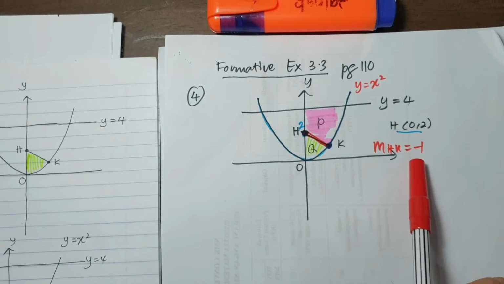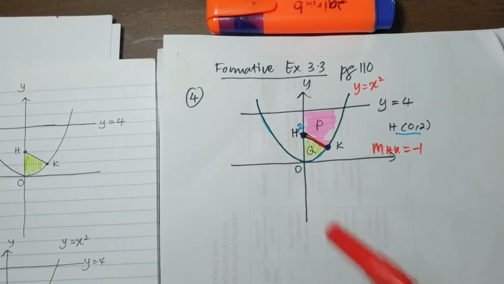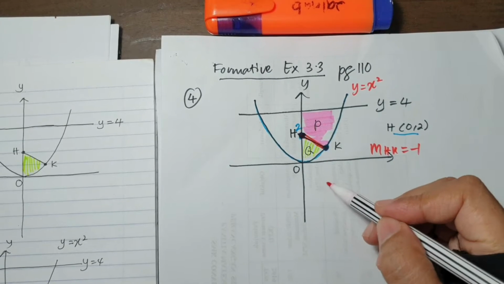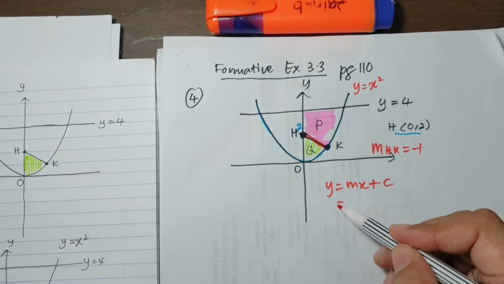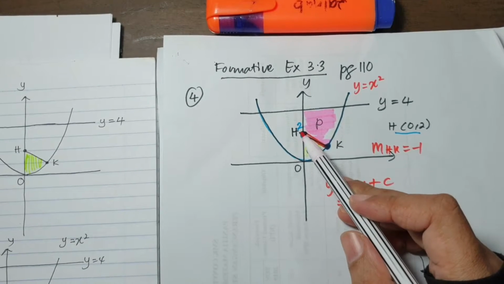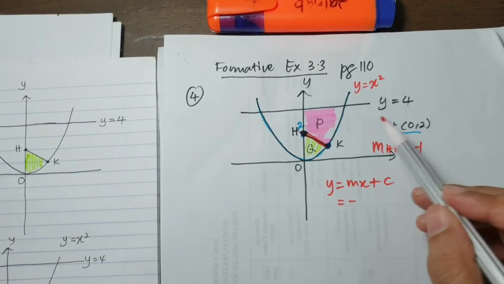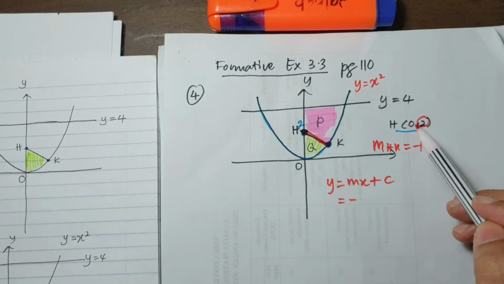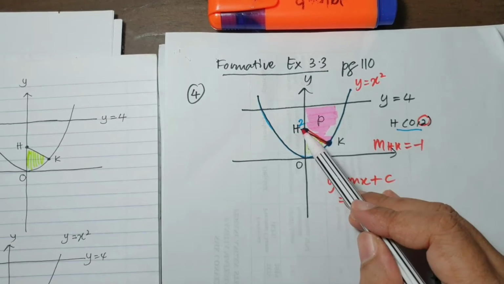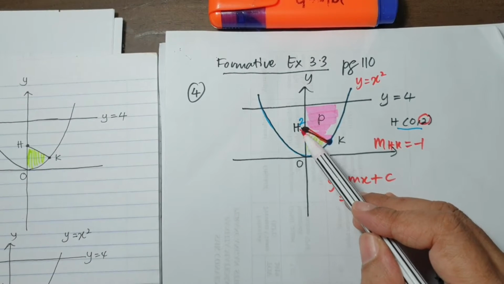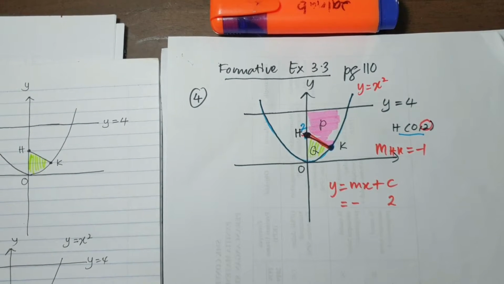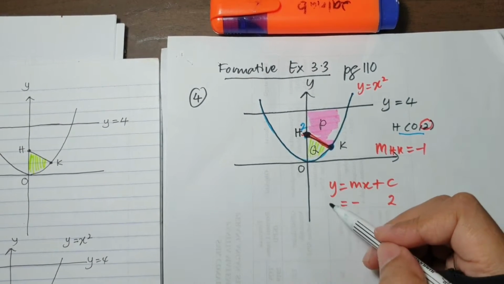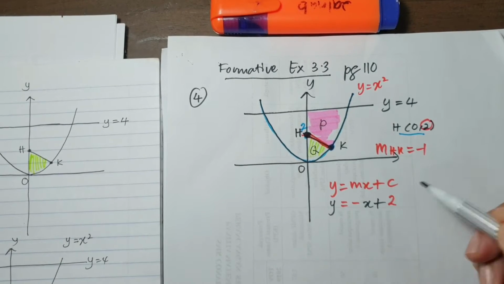Since the gradient is -1 and the y-intercept is 2, using y equals mx plus c, the gradient is -1 and the value of c is 2, because the point H here is (0, 2). So the equation of the straight line is y equals -x plus 2.